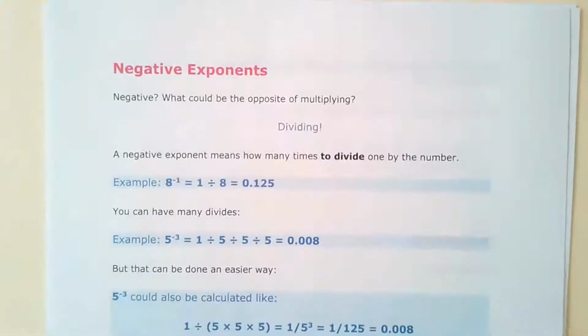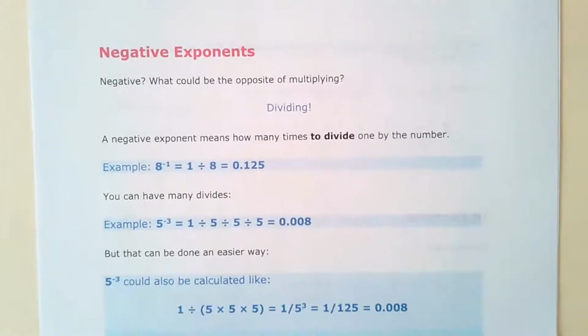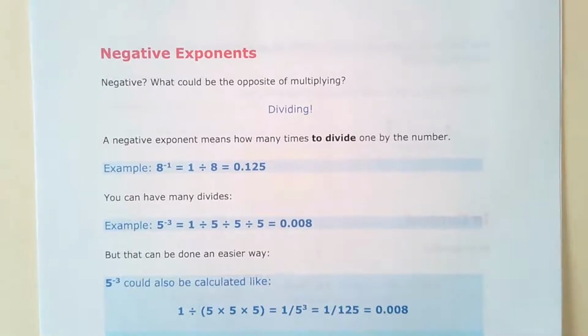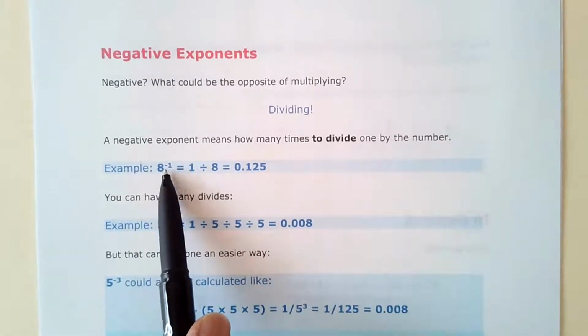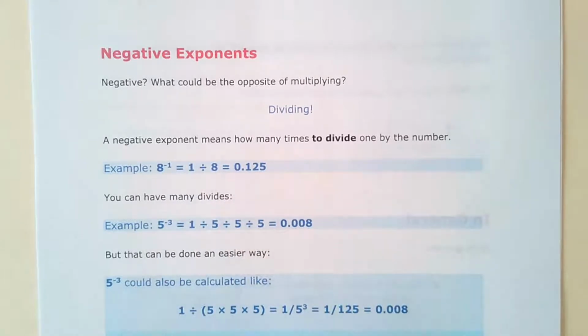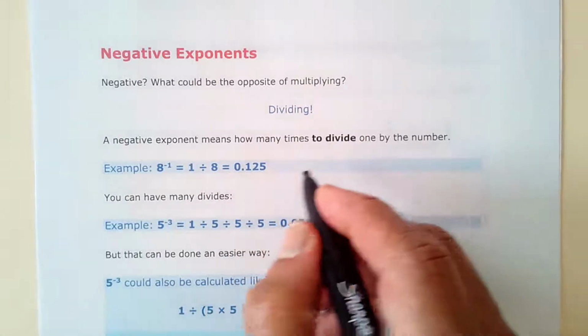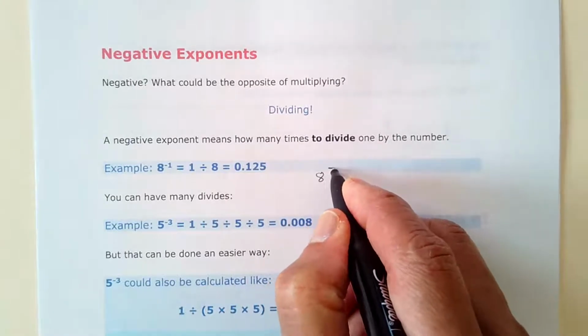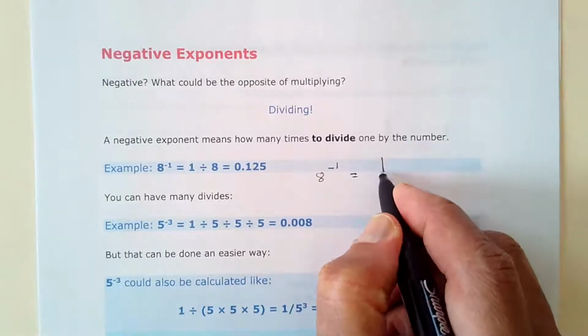Now, what happens when you have negative exponents? Recall, negative means to divide. 8 to the negative 1 means 1 divided by 8. 8 to the negative 1 is 1 over 8.